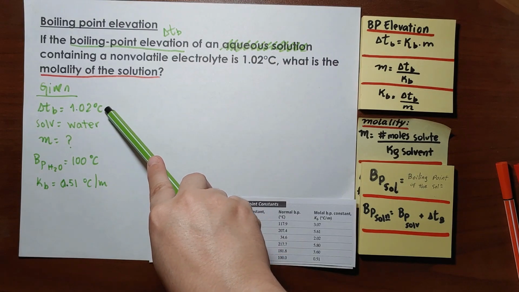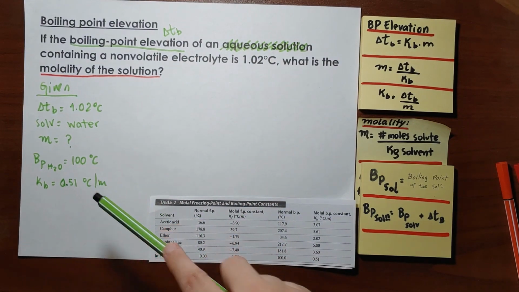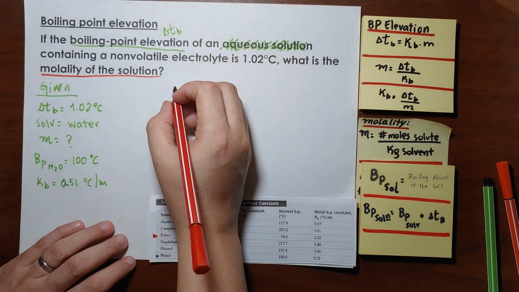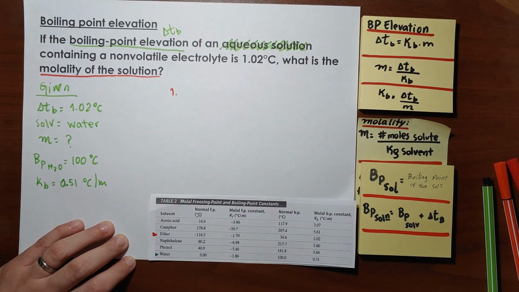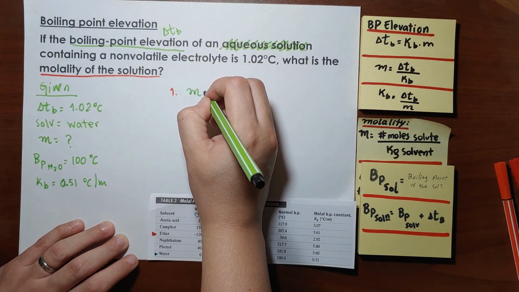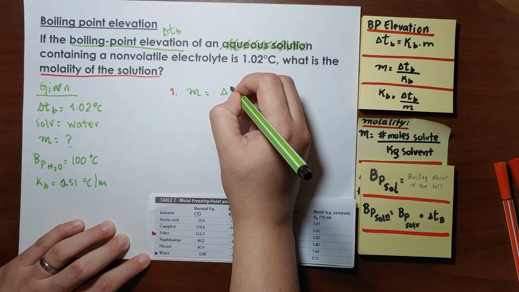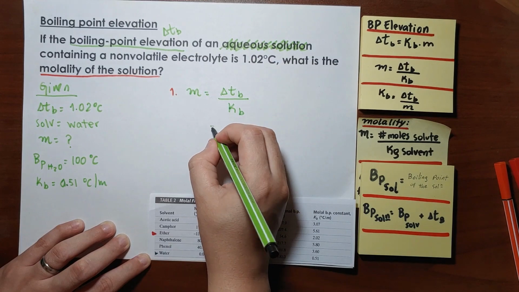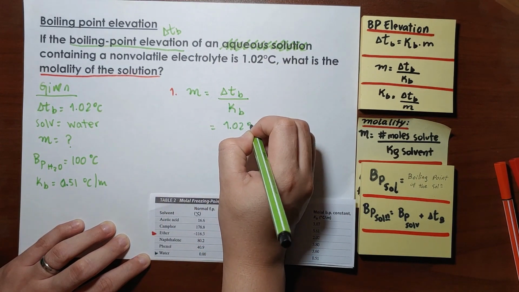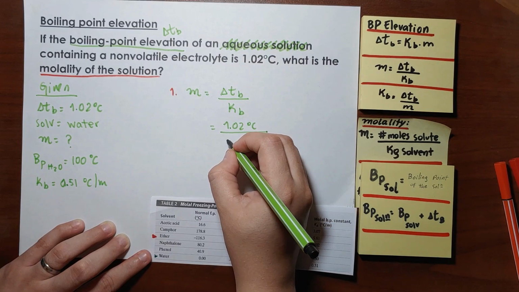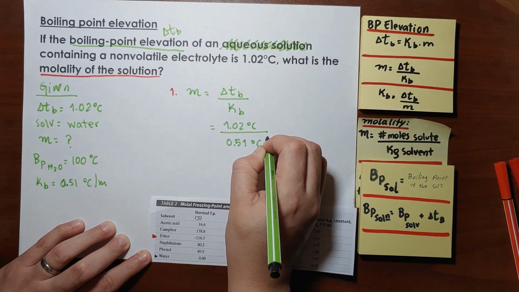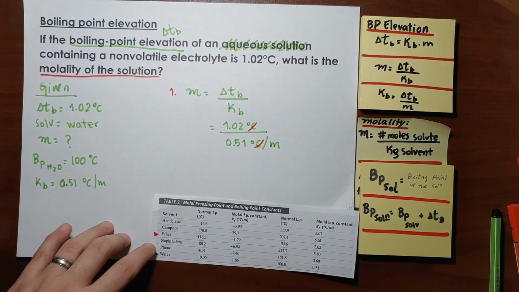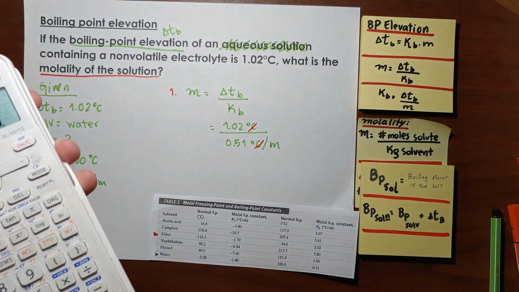We have elevation? Yes. We have the constant? Yes. Just apply the formula. This is like the easiest example. One single step, and you have molar concentration equals elevation divided by constant. The elevation is given, 1.02 Celsius, divided by the constant, that is 0.51 Celsius per molal. Remember to cancel the units that are equal and opposite.